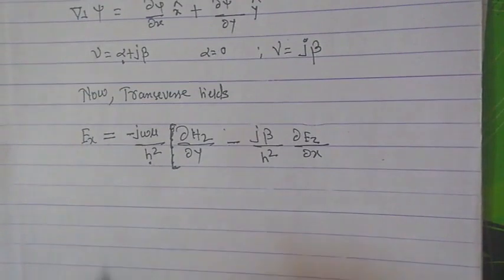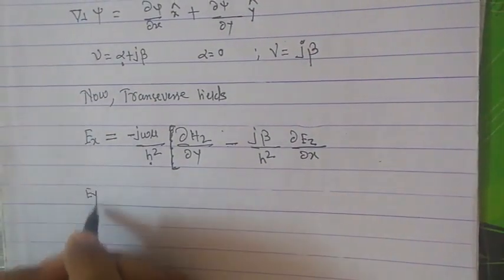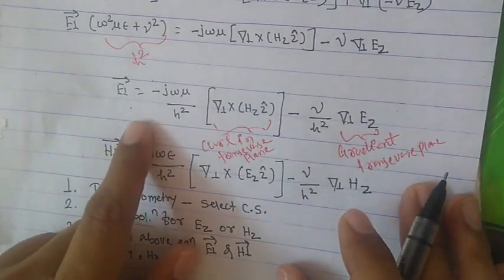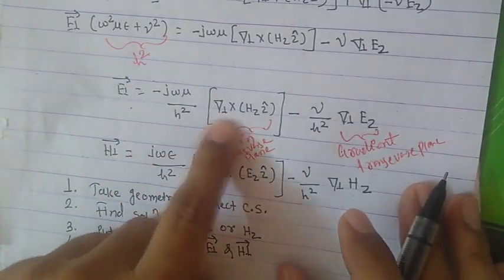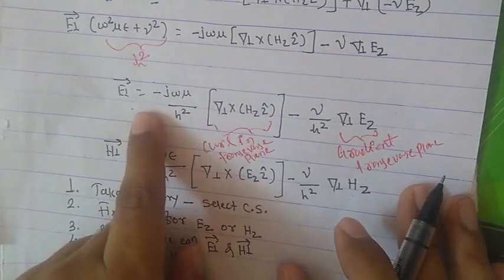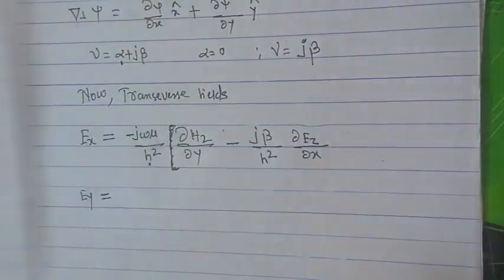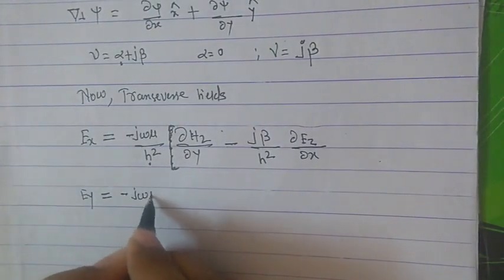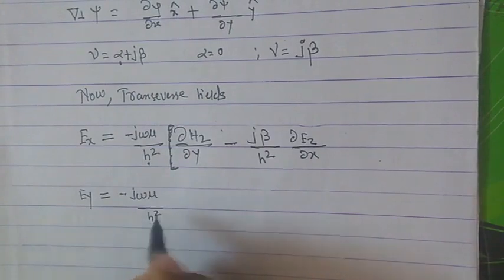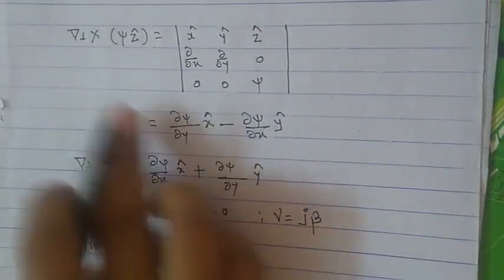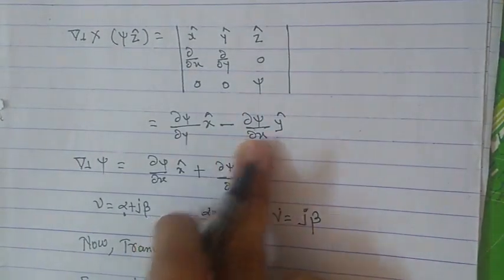Similarly, let us try to write for Ey. Again, the same equation: minus j omega mu upon h square del transverse Hz. But this time we are writing for the y component. So minus j omega mu upon h square, and the y component of this result is minus of del psi by del x.